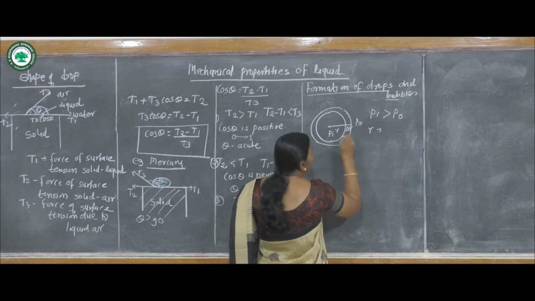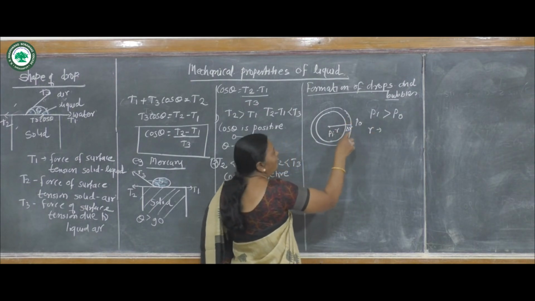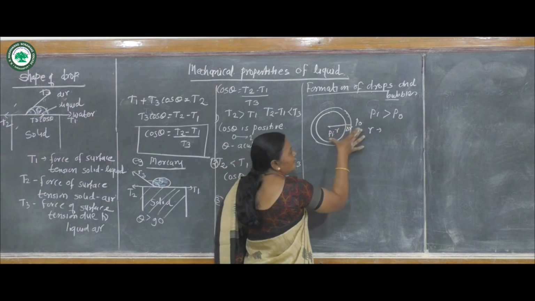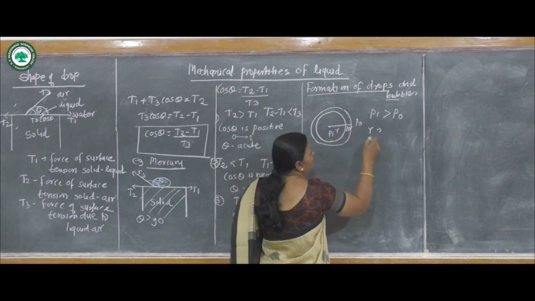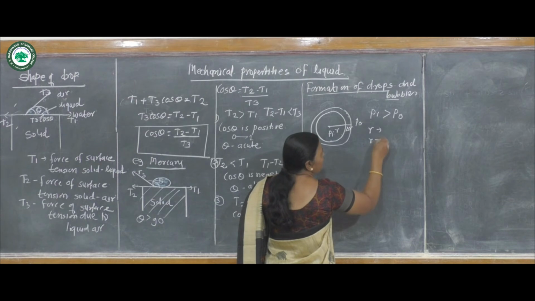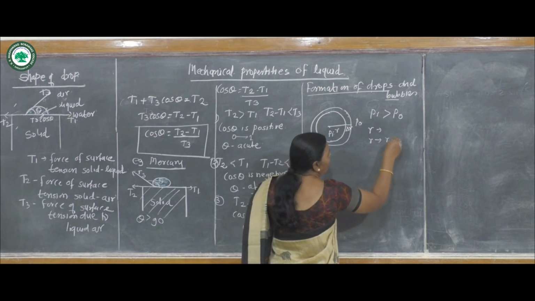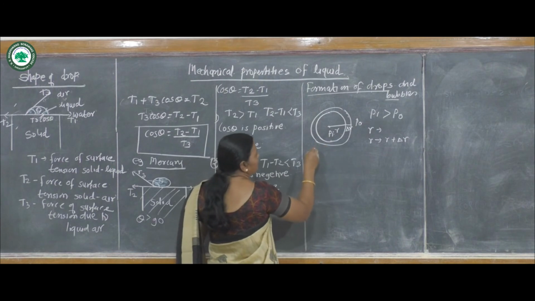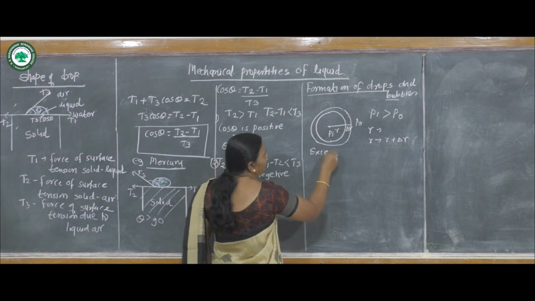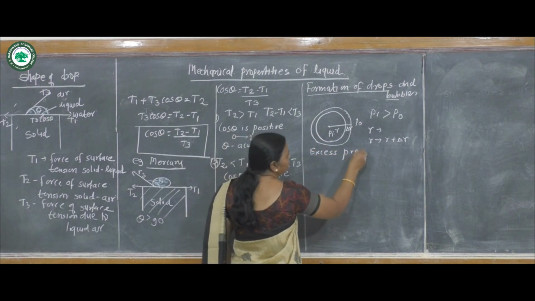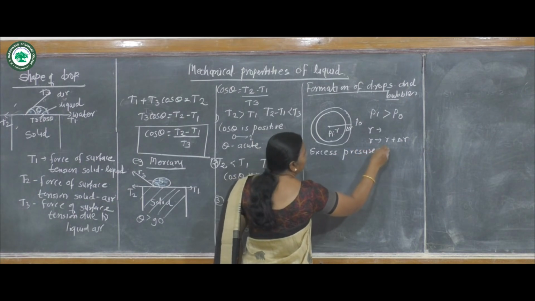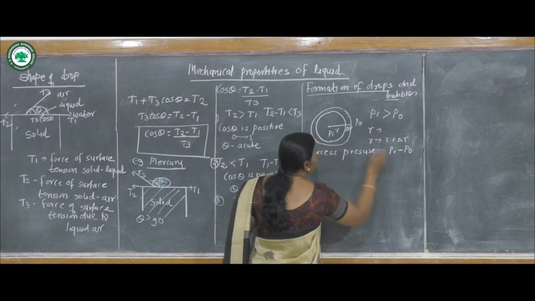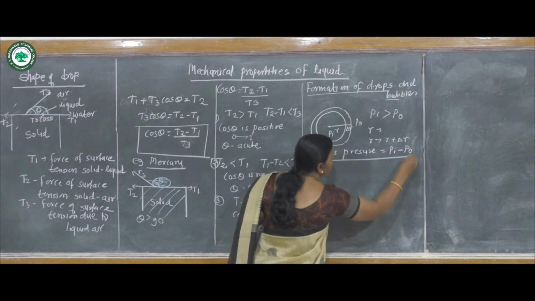R is the radius of this liquid drop, and as it has greater pressure, there is a small increase in size, and the radius changes from R to R plus delta R. Then excess pressure is equal to Pi minus P0. It is called excess pressure.